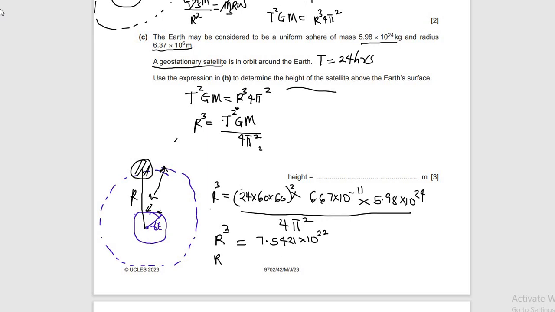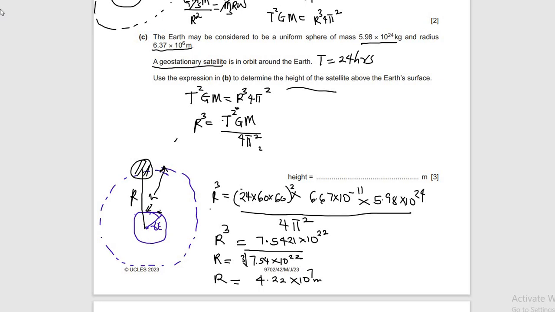So r will now be the cube root of 7.54 times 10 to the power 22. So our r will be 4.22 times 10 to the power 7. That's the distance between them. But the question asks us to find the height of the satellite above the Earth.